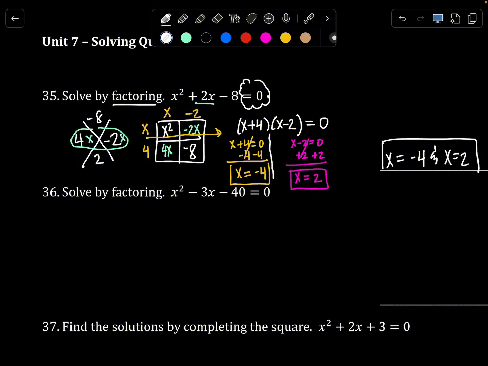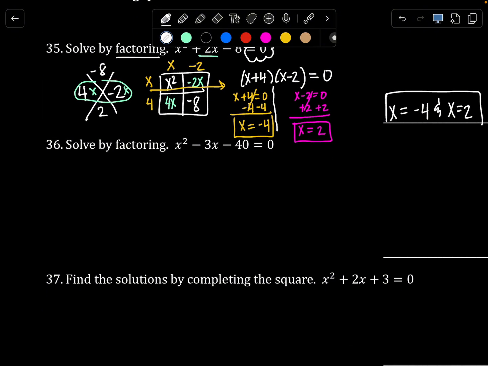Let's go to number 36. We have x squared minus 3x minus 40. Same idea, right? You've got negative 40 on top, negative 3 on the bottom. What are two numbers that multiply to negative 40 and add to negative 3? Anybody know? Negative 8 and 5. Very good job.